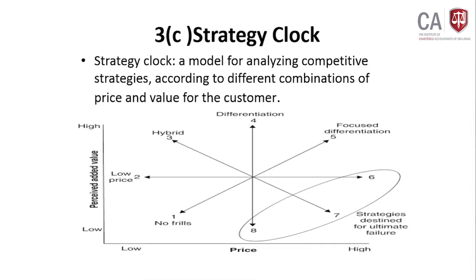That is not appropriate. Strategy 8, perceived added value is low, but price is medium. This is also not practical. Therefore, strategy 5 is the most appropriate strategy for this organization.